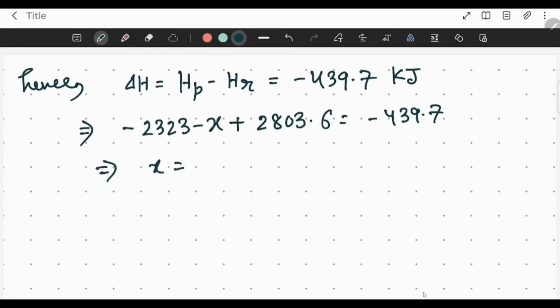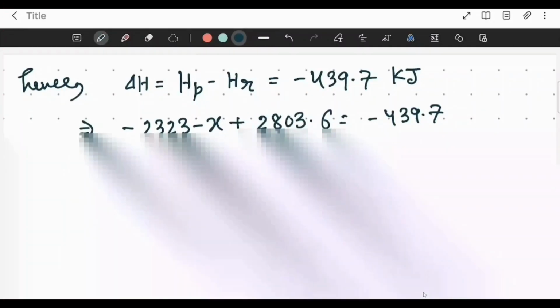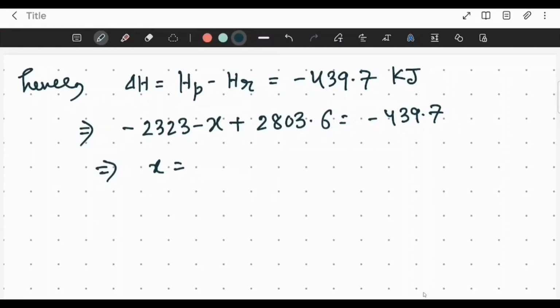X will be 439.7 plus 2803.6 minus 2323. There is a mistake?